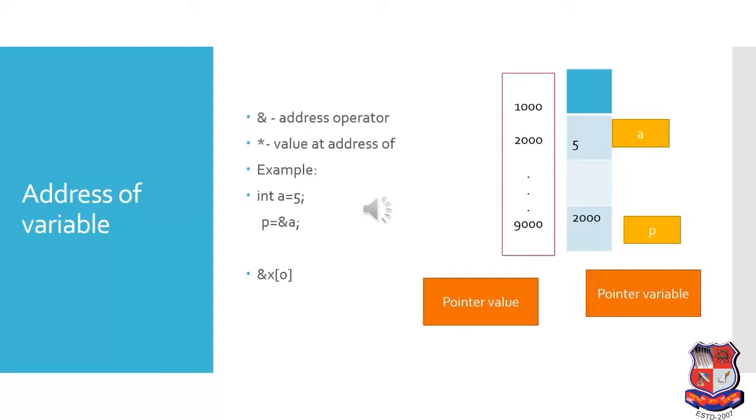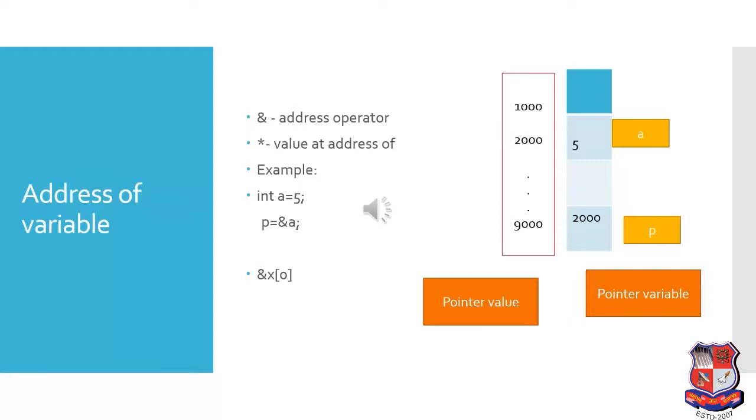Clear? Now, another important operator is the asterisk. Look at the second line. How are you going to read this operator? This is read as value at address of. So if I am writing *p, that means value at address of p. What does p have? 2000. So value at 2000.